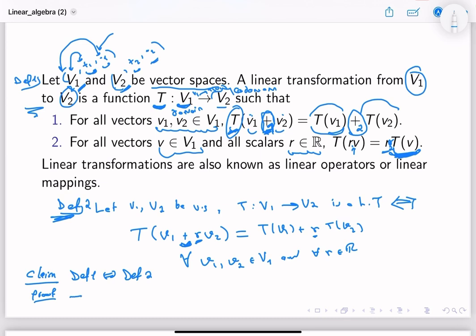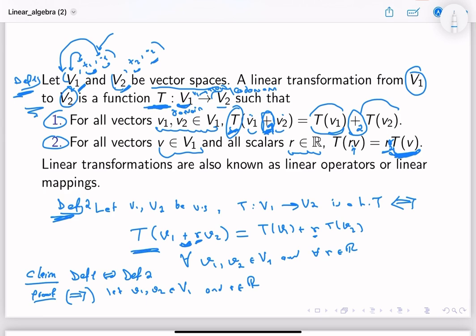So let us show the first direction. We're supposing that we have a map T that satisfies 1 and 2, and we want to show that it satisfies this property. Let V1, V2 be in big V1, and R be in the real numbers.